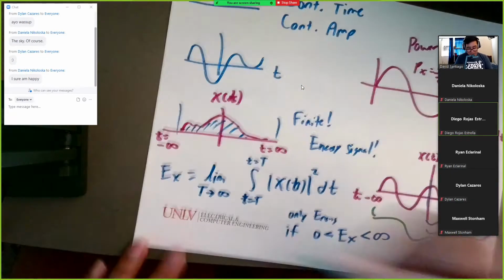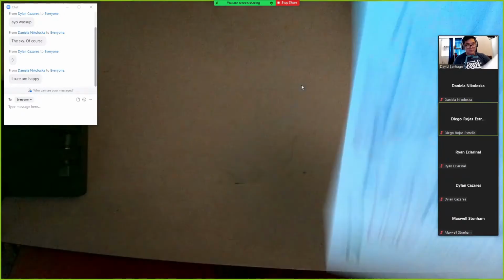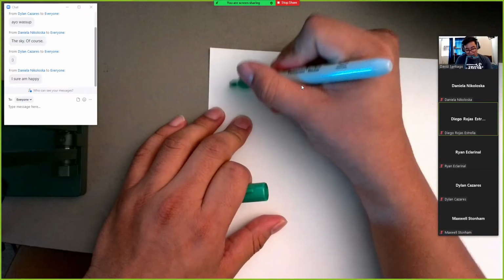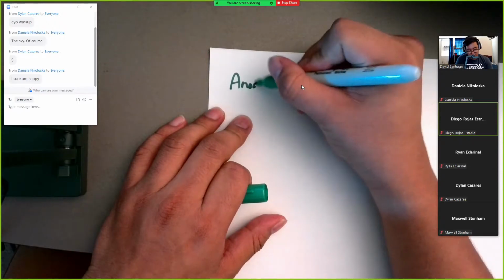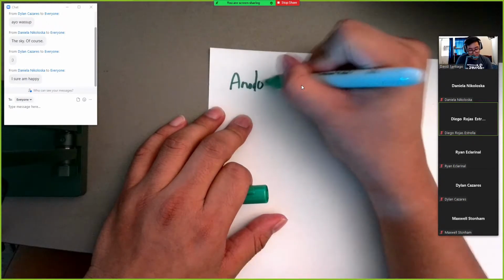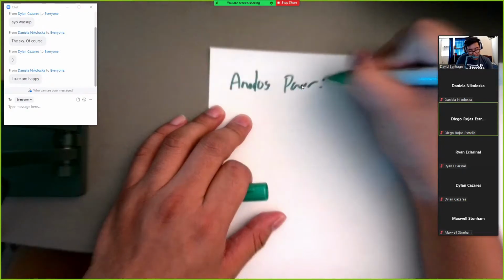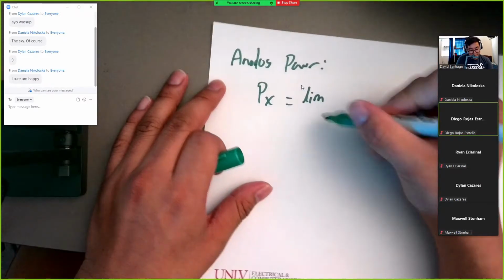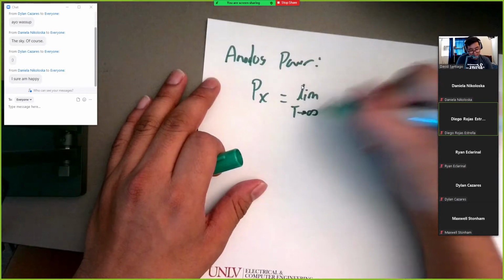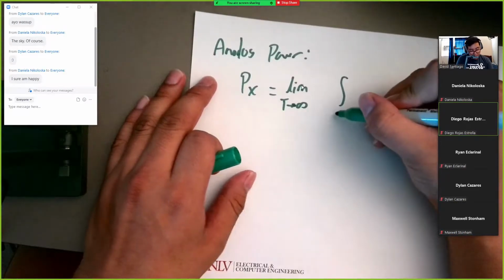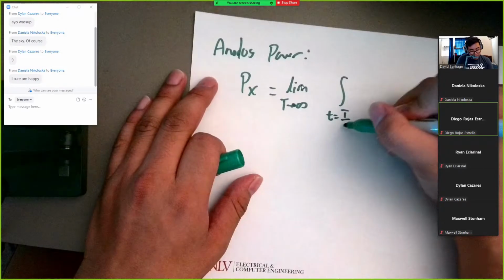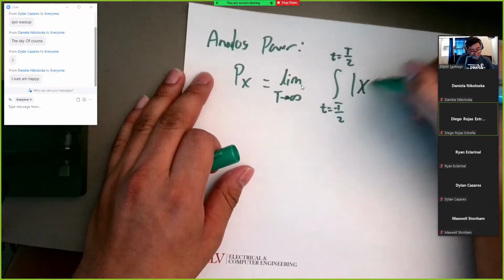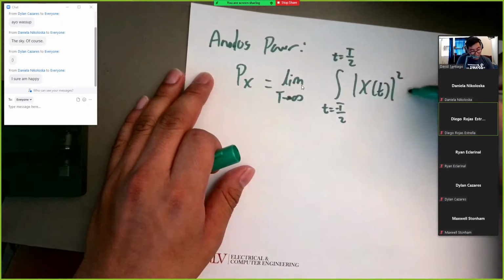Okay, this is page 2. The full definition of a power signal, an analog power, is basically defined as P of x equals the limit as t goes to infinity of the integral from time equals minus t over 2 to t over 2 of the entire signal squared dt.